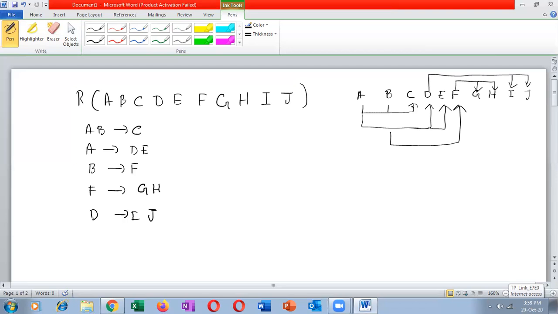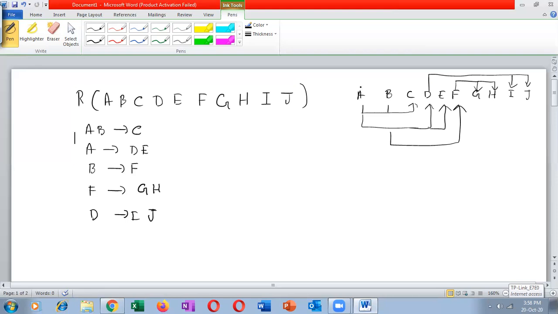So they alone cannot have the strength to form the candidate key. But here AB don't have any incoming edge. So AB should be a part of the candidate key because AB are not identified by anybody.